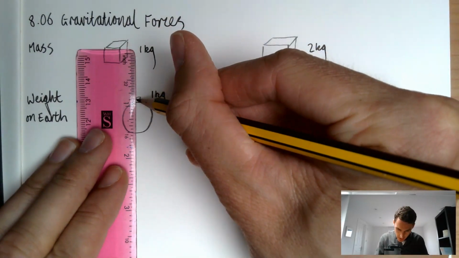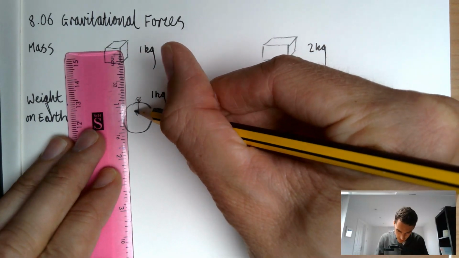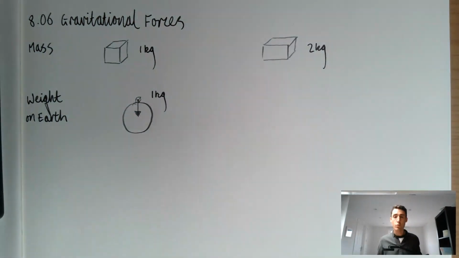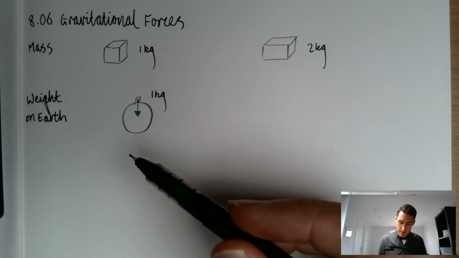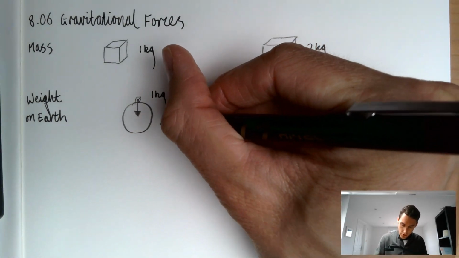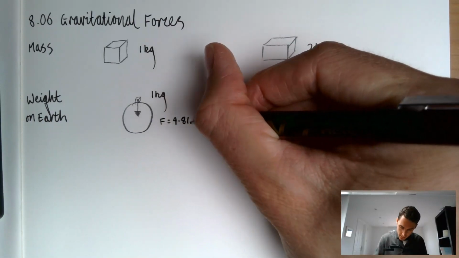I'll draw my little dot here like this, and draw my force acting downwards like this. If I had a 1 kilogram box on the surface of the Earth, as I've drawn here, obviously not to scale, then there'd be a force of 9.81 newtons.